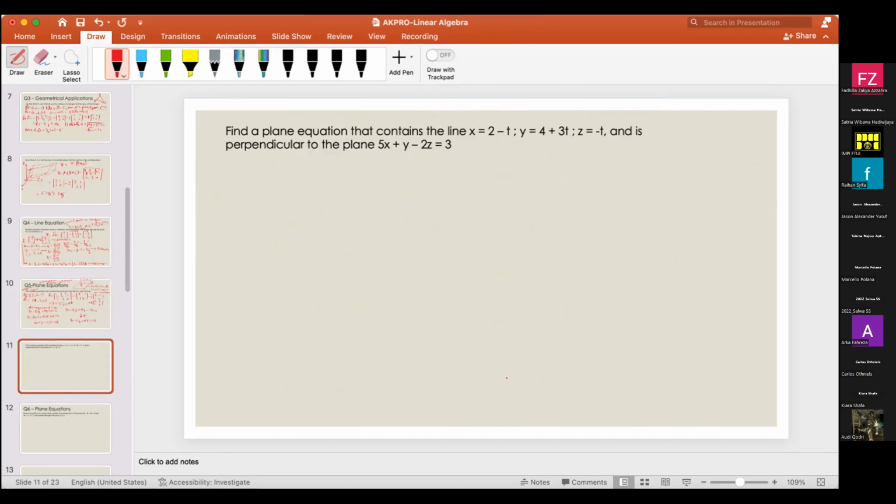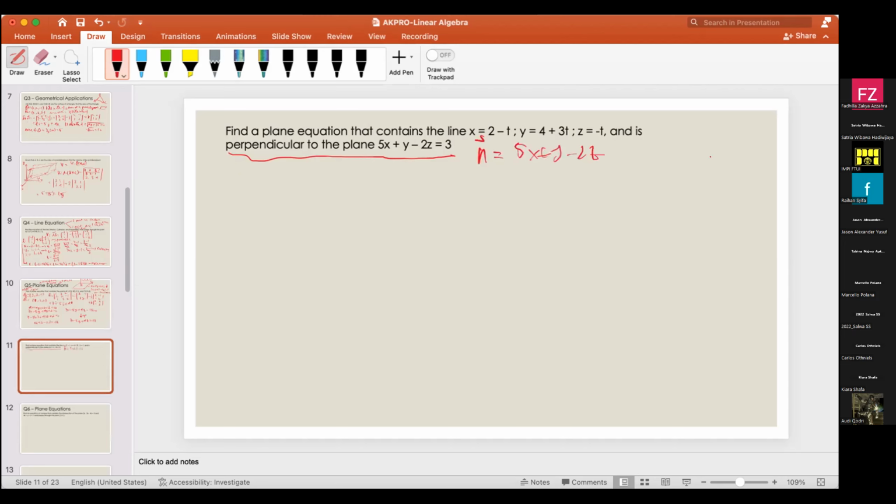Moving on to the next part, which is to find a plane equation that contains these lines and is perpendicular to this plane. Now, the key here, perpendicular to this plane, can you see that automatically we have the normal vector? We have the normal vector, which is 5x plus y minus 2z, because let's say plane 1 is plane 2.